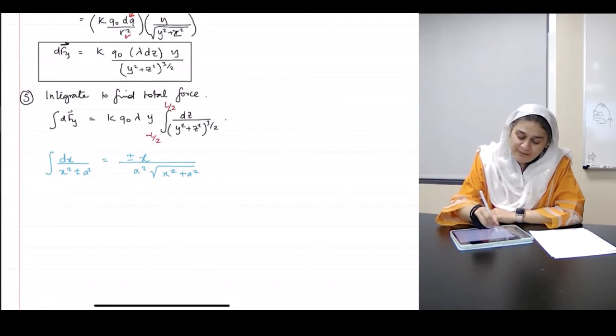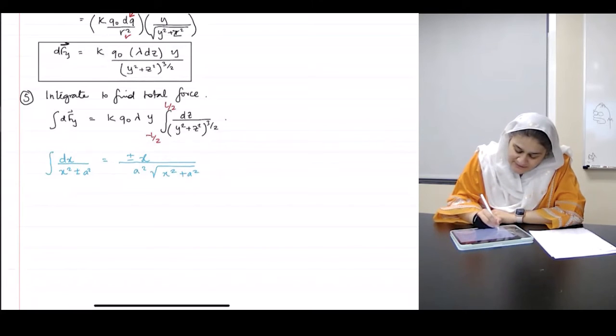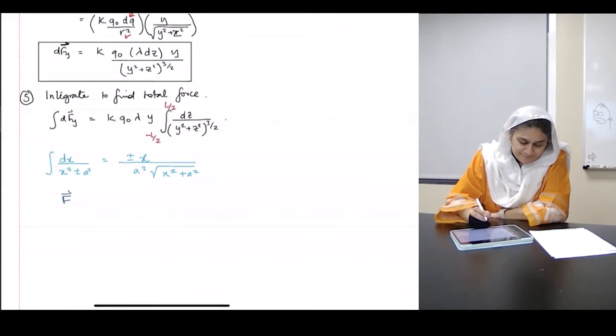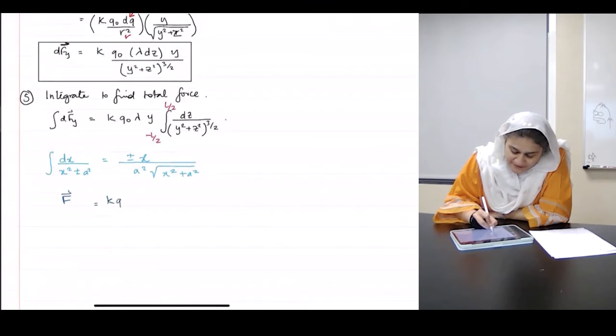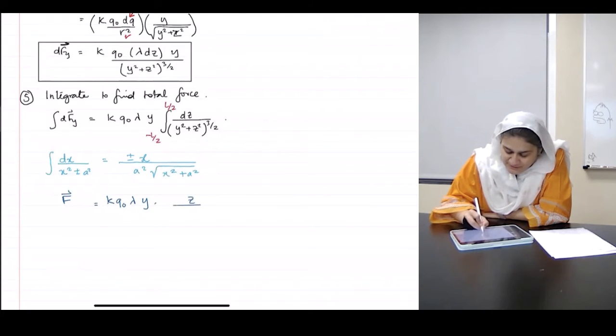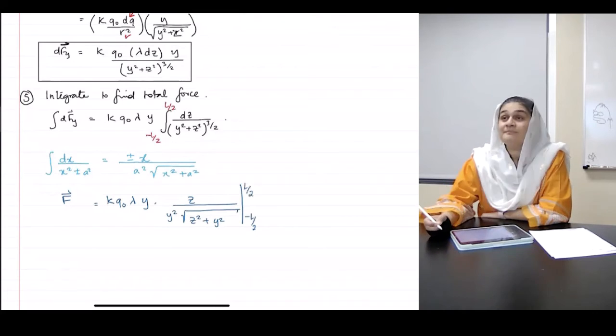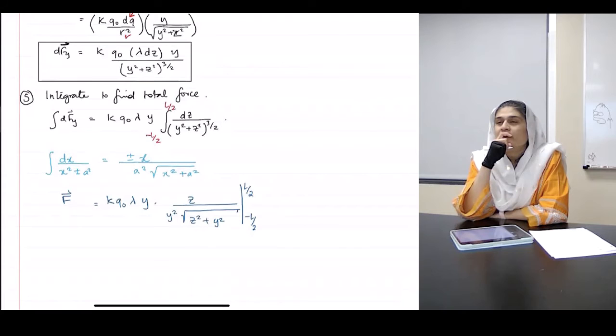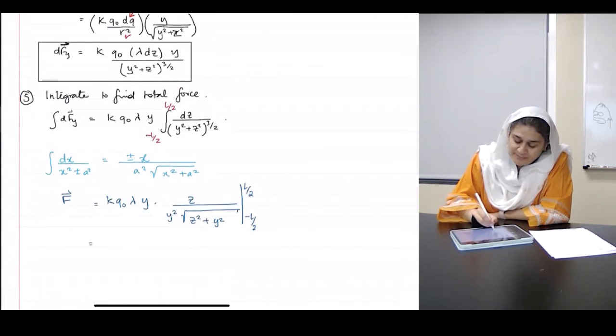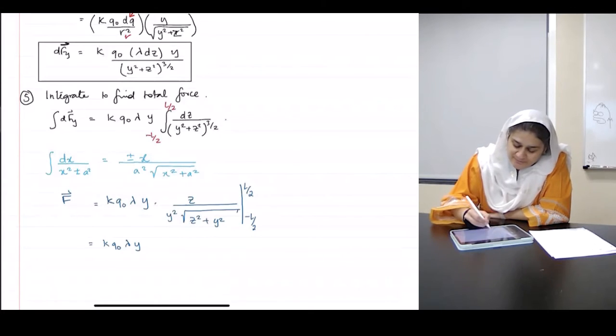So what will this become for us? When I plug these in, on this side, I will have a force, and I will have k q0 lambda y z, because that's what I'm integrating over, divided by y squared times the square root of z squared plus y squared. My limit of integration goes from minus L over 2 to L over 2. Now I have limits of integration. May I plug them in? Oh, wait, one of the y's goes away.